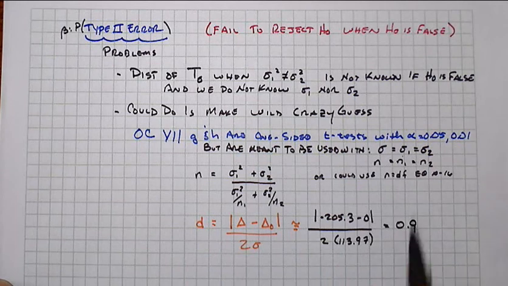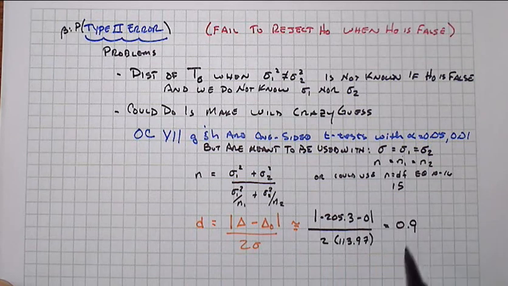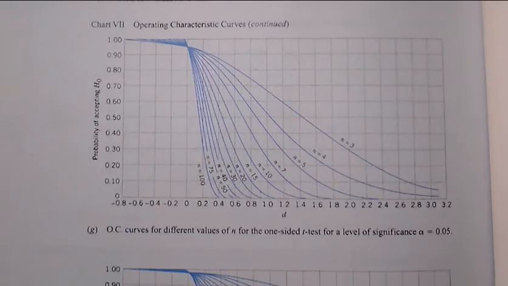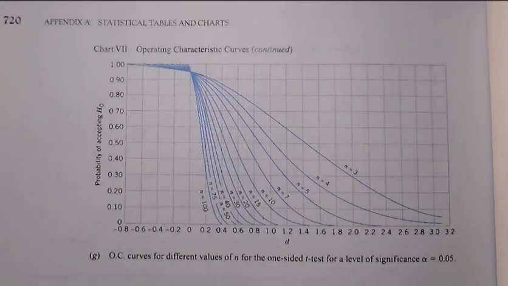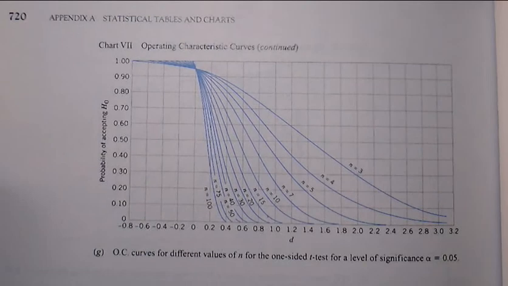Right? And so if we use 15 from our degrees of freedom for our n, and use 0.9 here, when we go into the operating characteristic curve, I'm going to show that directly out of the book. This is on page 720 if you have the hard copy.